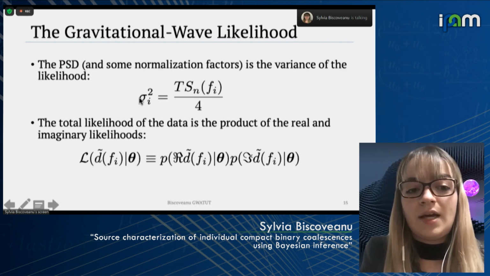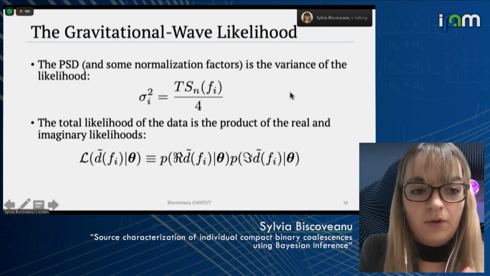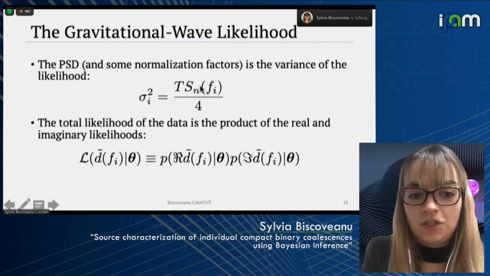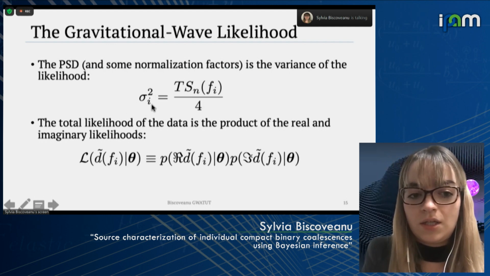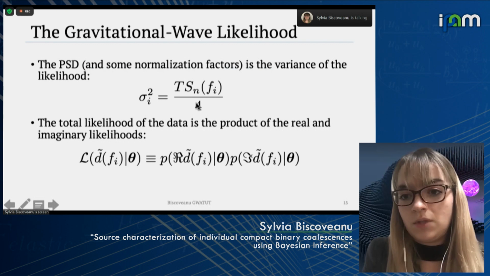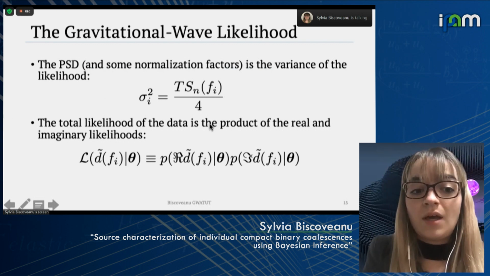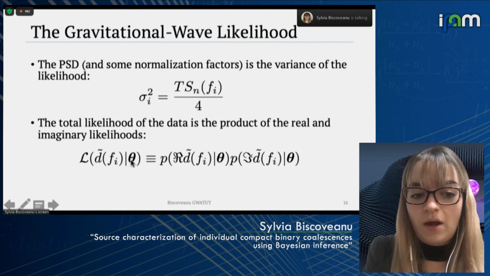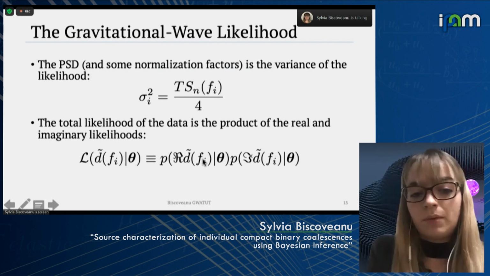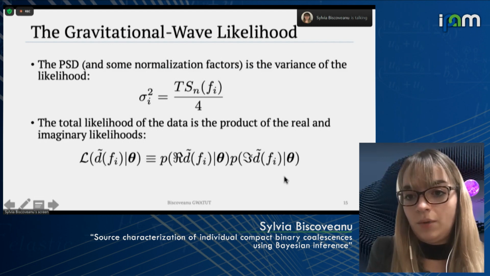So what is that sigma factor that we use in the Gaussian on the previous slide? It's basically just the PSD with, again, some normalization factors. So this value of sigma is going to be frequency dependent since the PSD varies as a function of frequency. And then we can get the total likelihood of having observed our frequency domain data D under the assumption of some binary parameters theta by multiplying the individual likelihoods of the real and the imaginary parts.